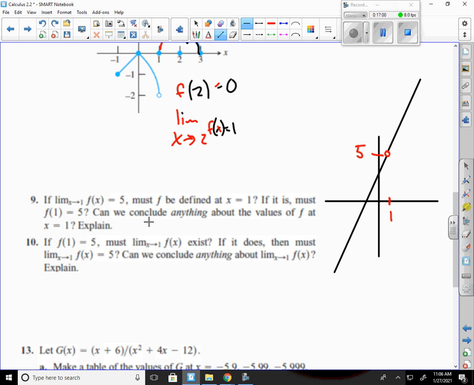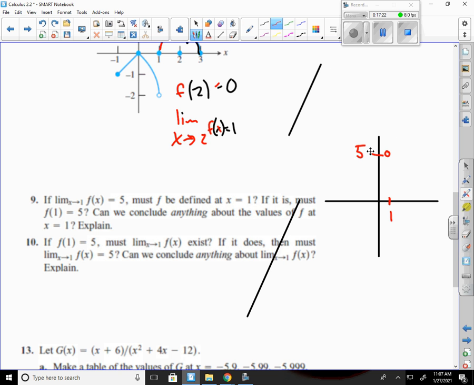Number 10. If f of 1 equals 5, must the limit exist? This is kind of the opposite. This is saying I have a certain point here that I know does exist. Right?